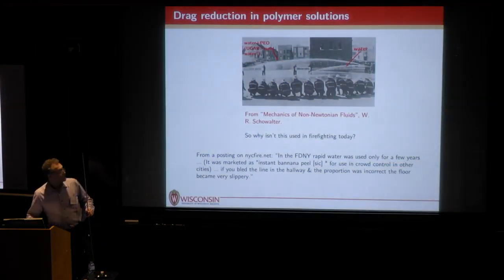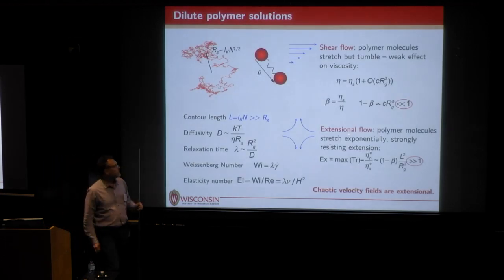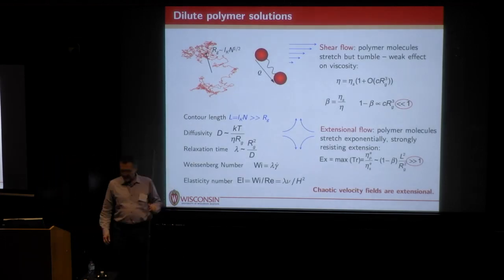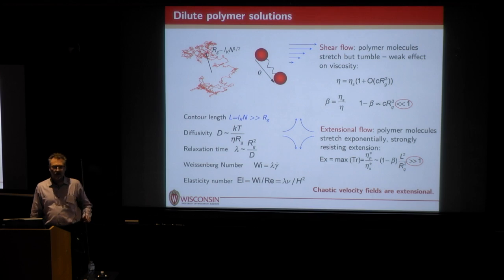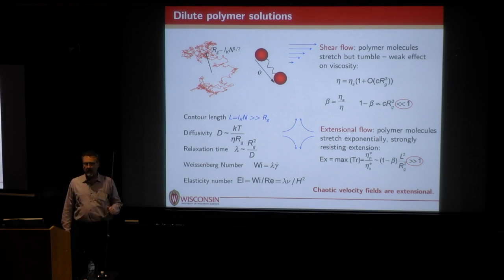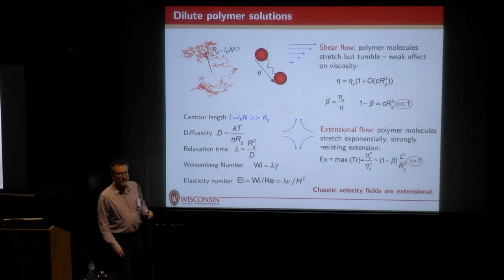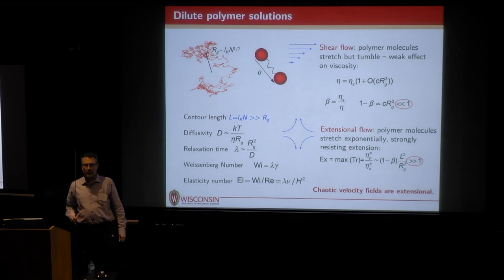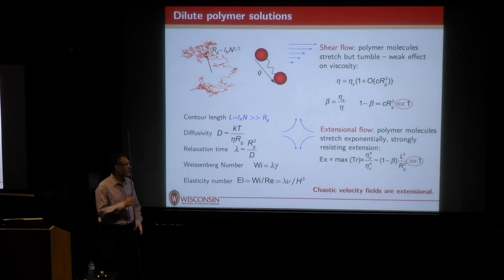Since this is not necessarily a rheology crowd, I thought I would provide a one-slide tutorial on the dynamics of dilute polymer solutions. That's the primary situation of interest here.